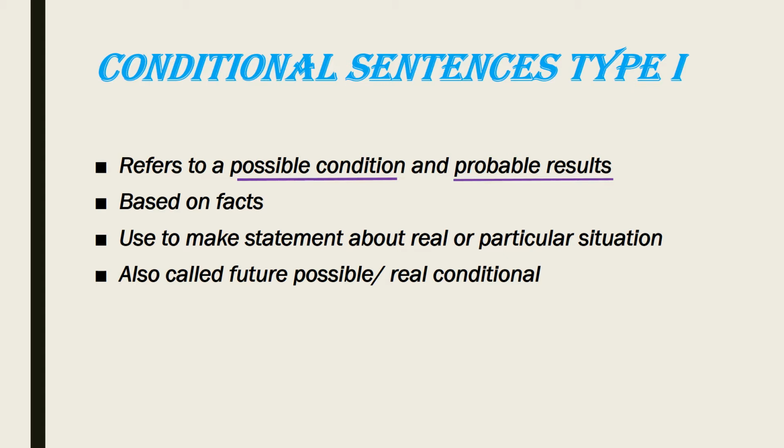The first conditional sentence type 1, the first use. Basically we use conditional sentences type 1 in a situation when the condition is possible and a probable result is there. This structure is also called future possible real condition, because we use it to make statements about a real or particular situation.